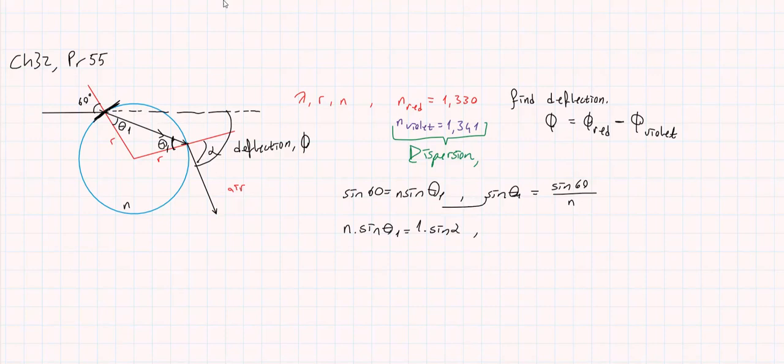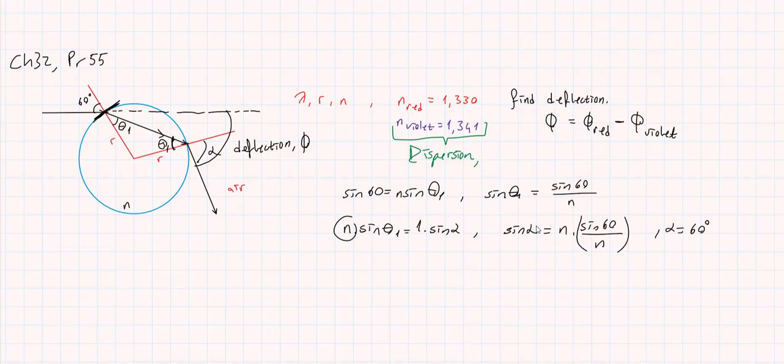If I substitute this value in here, I will see that sine alpha will be equal to n times sine theta 1. Now substituting the sine theta 1 as in here, sine 60 over n, and these will cancel, of course. I will see that alpha will be equal to 60 degrees. So I'm calculating this information.